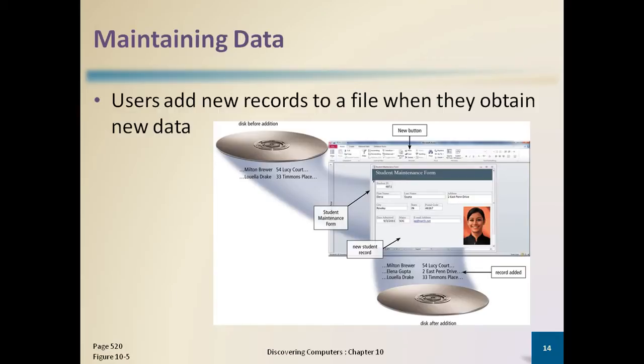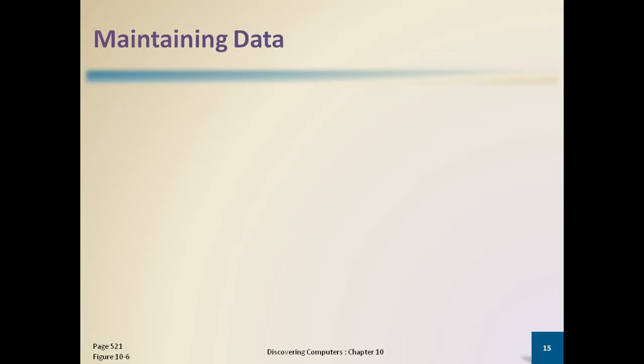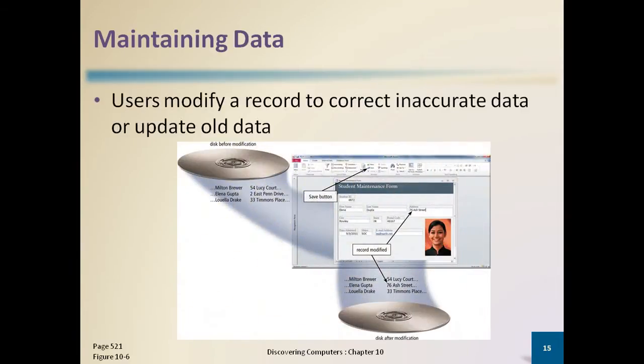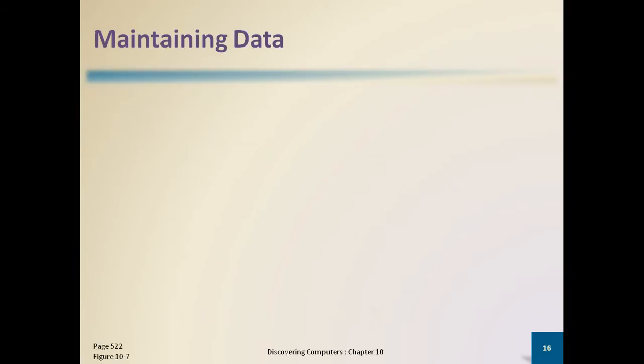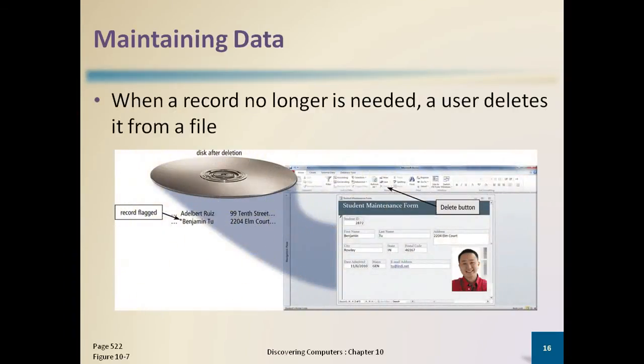Kita bisa lihat sendiri lembar kerja baru data, ya. Users modify a record to correct inaccurate data or update old data. When a record is no longer needed, users delete it from a file.